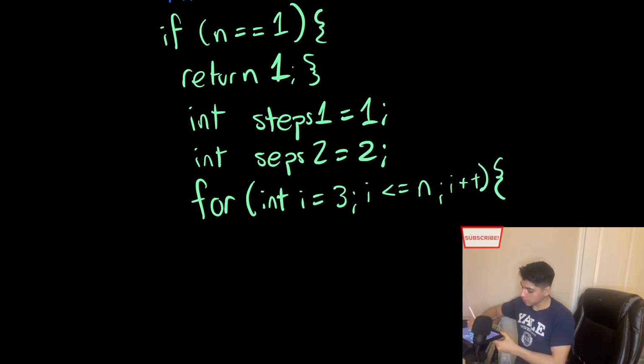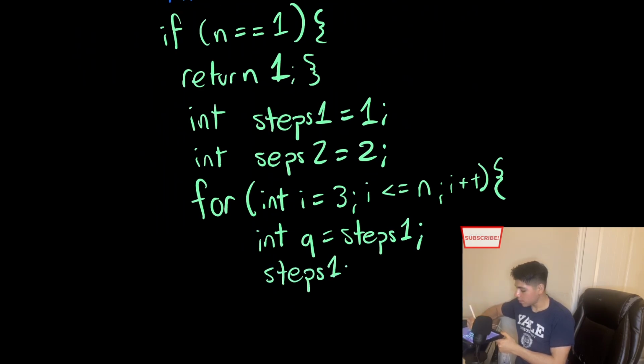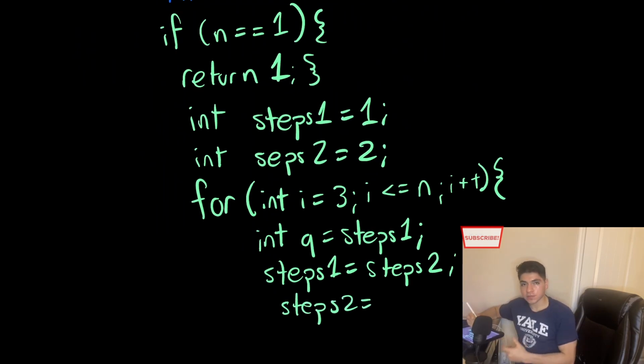Okay, so now I'm going to declare a variable q where I'm going to keep track of steps1. Then I'm going to make steps1 equal to steps2. And then I'm going to make steps2 equal to our new set of solutions.